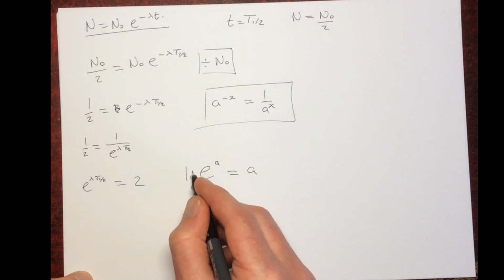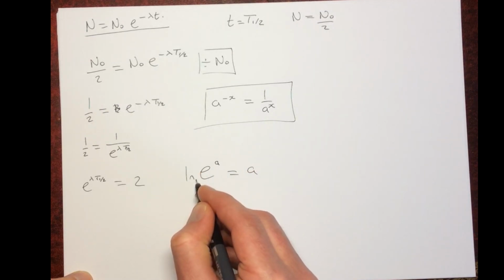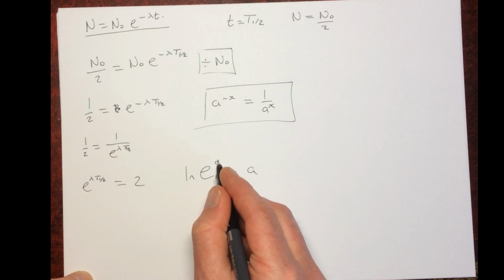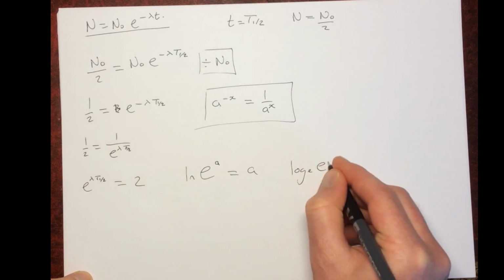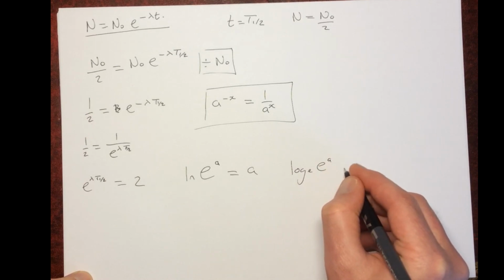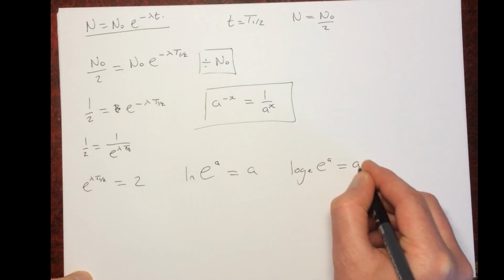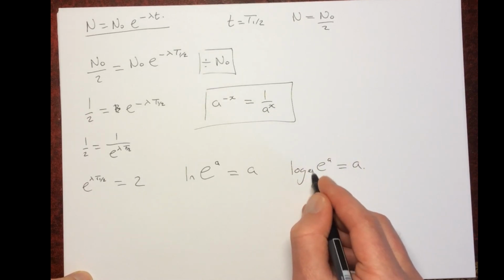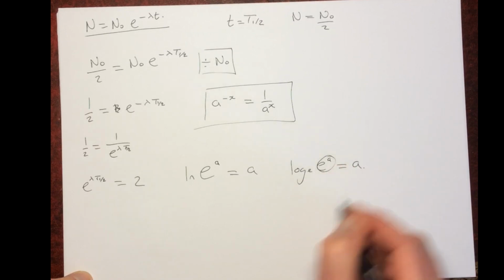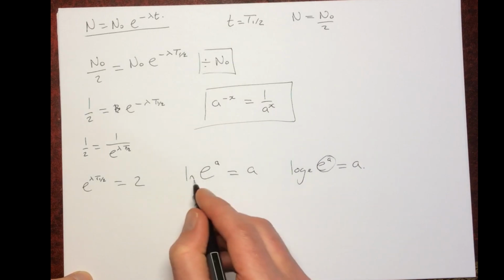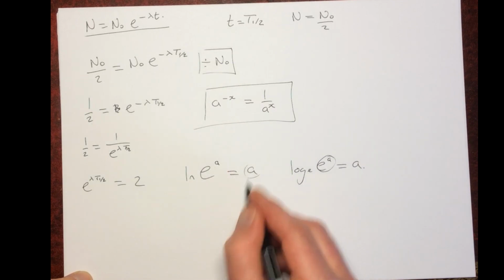Remember, we're asking what power we have to raise e to, to get e to the a. Another way of writing this is log to the base e of e to the a, which equals a. Well, we have to raise e to the power of a. So when you natural log e to the a, you just get a.